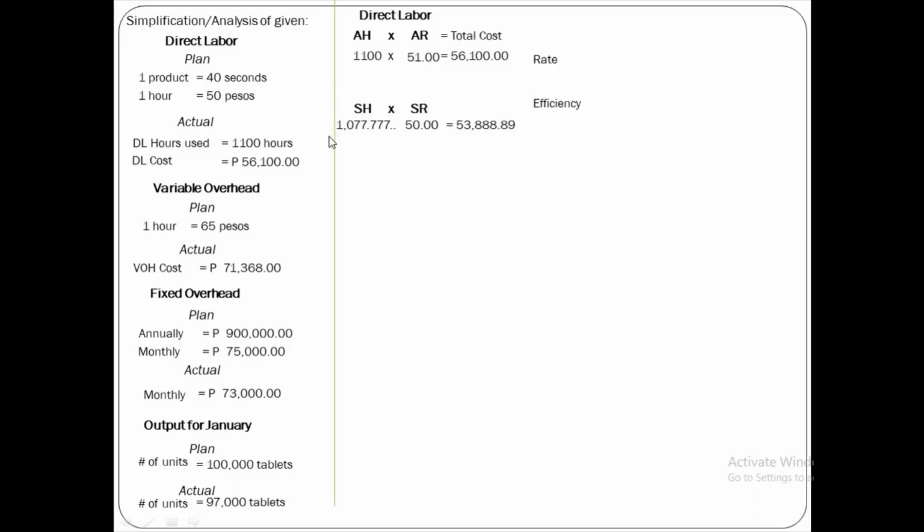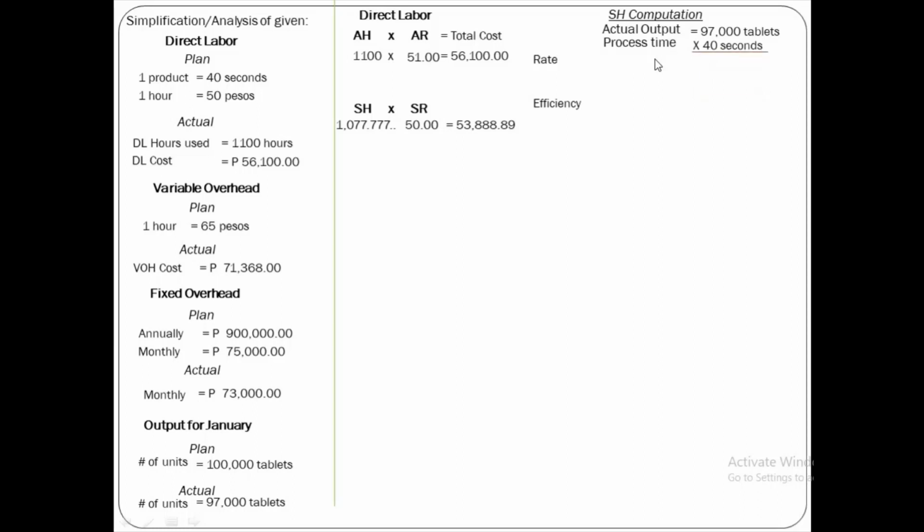So let's first start computing how we got the 1077.77. Since I've already told you that the standard and the actual is always based on the actual output, then the standard hours computation starts with the actual output of 97,000 tablets, and this actual output will be subjected to the plan. So if 97,000 tablets actual output is subjected to the plan, then the process time is 40 seconds per tablet.